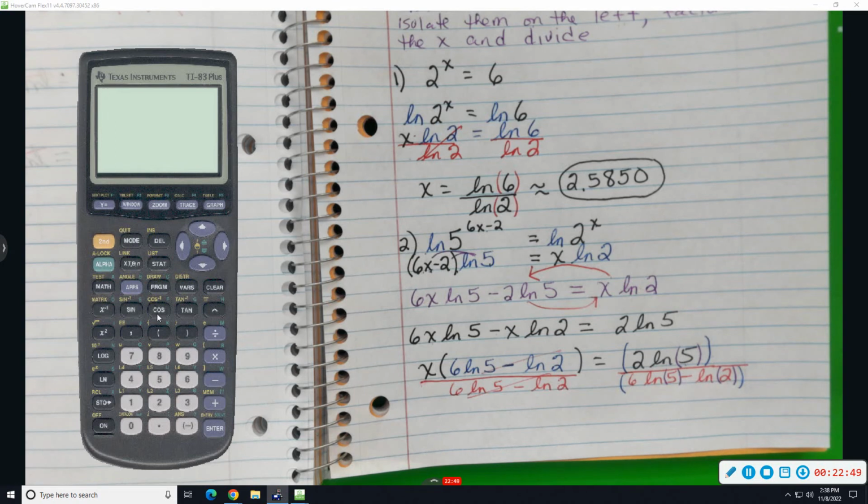So I'm going to punch it in: parentheses 2 ln 5, close, close. You've got to close it for the ln and close it for the top. Divided by parentheses 6 ln 5, close, minus ln 2, close for the ln, and close around the bottom. 0.35911.